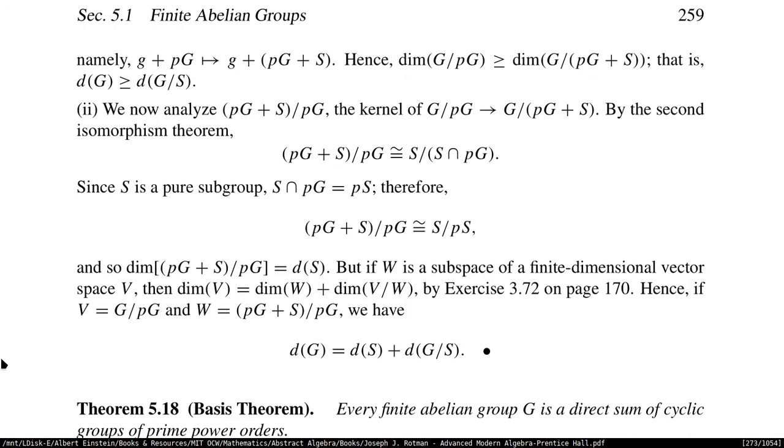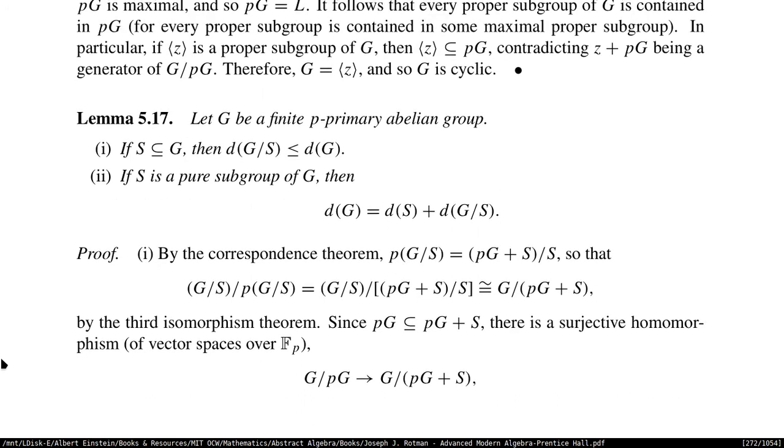But yeah, let's see. The proof of this, the correspondence theorem says that P of G mod S is equal to PG plus S mod S. The correspondence theorem is it? If you have these cosets, okay, so these subgroups will be equal to, I'm not too sure about that, but I believe if I put my pen and paper down, I'll be able to write that down. That's what I had to do.